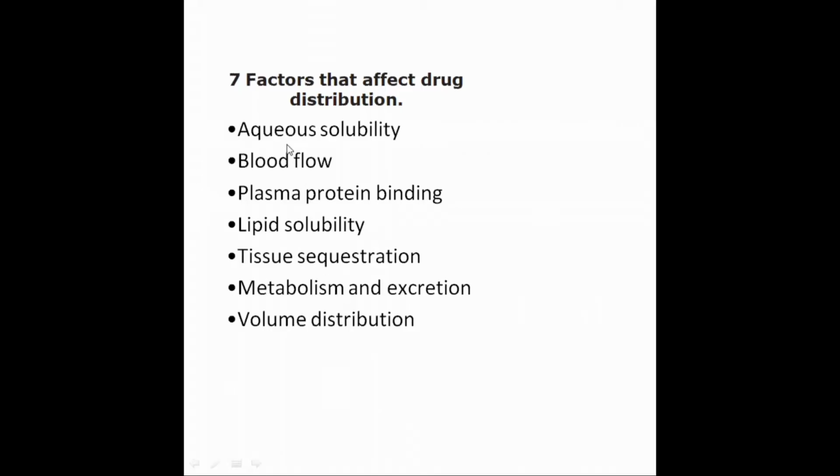We have the aqueous solubility, blood flow, plasma protein, lipid solubility, tissue sequestration, metabolism and excretion, and volume of distribution. So these are the things that affect drug distribution. We are going to look at them one by one.